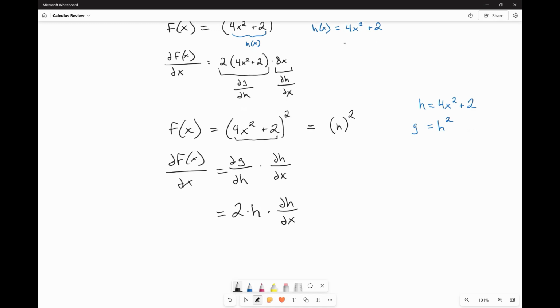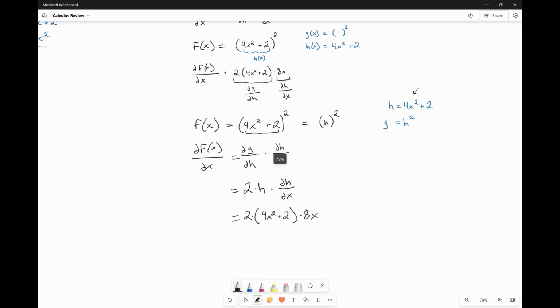Then we just plug it in. What's h? It's 4x squared plus 2. Times, what is the derivative of h with respect to x? Bring the 2 down, 2 times 4, that's 8 times x. So 8x. Sometimes that can be helpful in terms of using your chain rule.